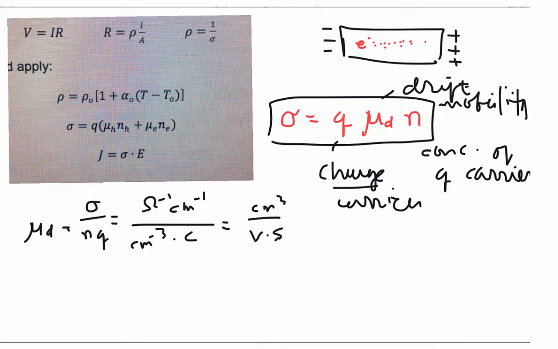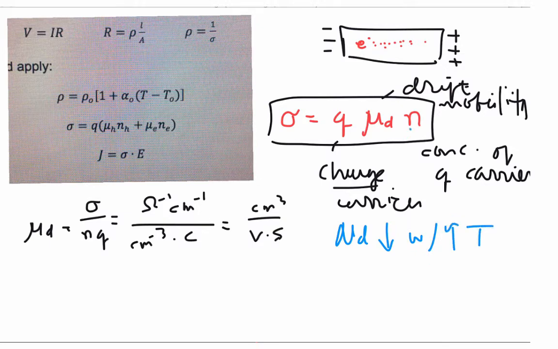So the mobility actually degrades with increasing temperature because electrons collide with what appears to be a larger cross-section of a vibrating lattice atom. So drift mobility decreases with increasing temperature.